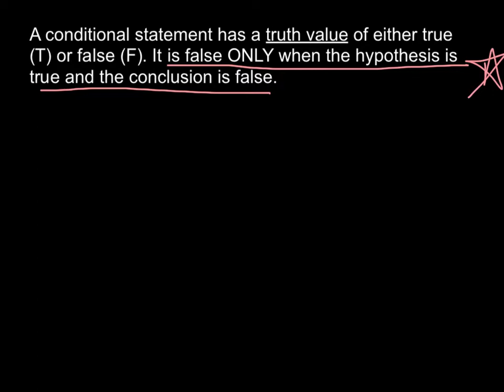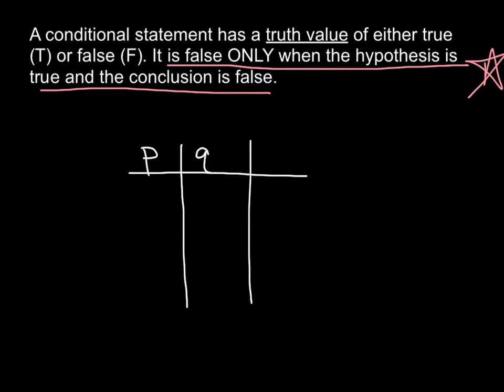So we're going to make a chart. Here's our lovely chart. That's a really bad line, so let me try that again. All right, we have a P column and a Q column. If it helps, P represents your hypothesis and Q represents your conclusion. Then our final statement is: if P, then Q. So here's how it works.